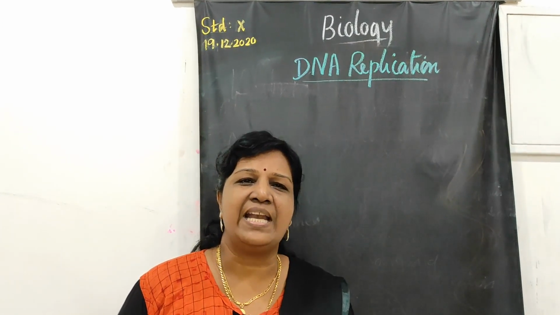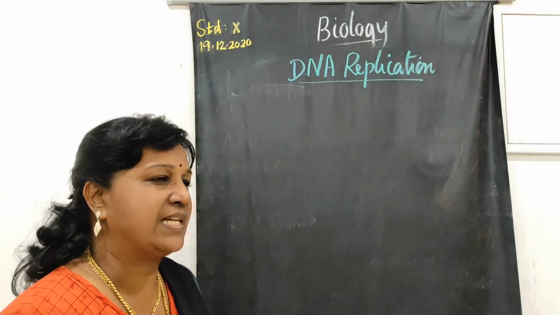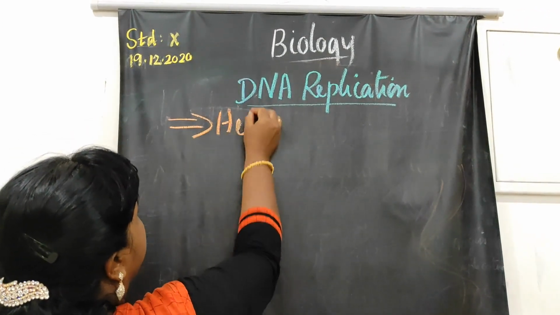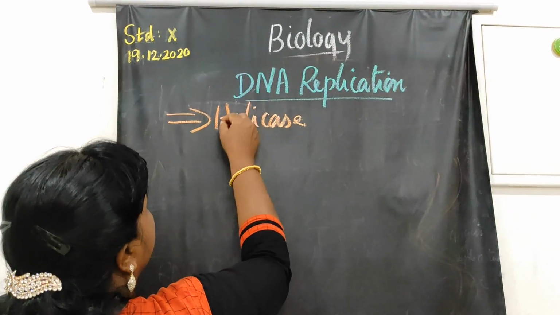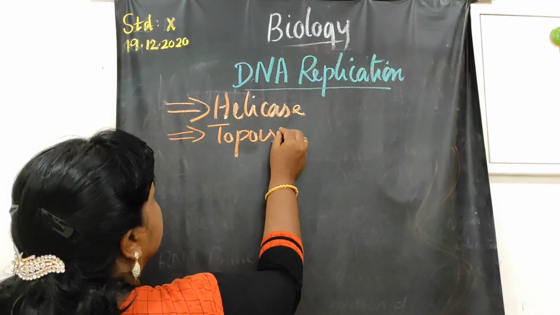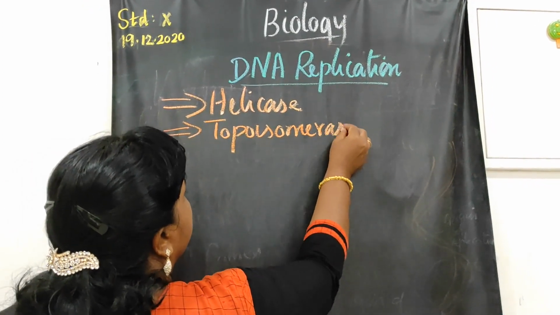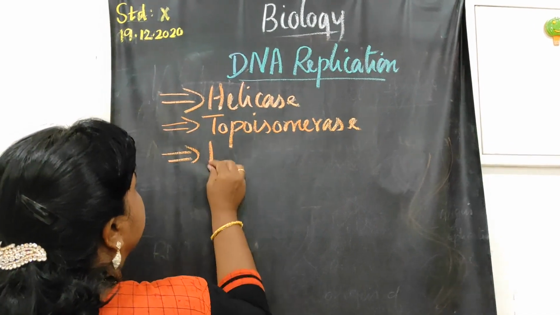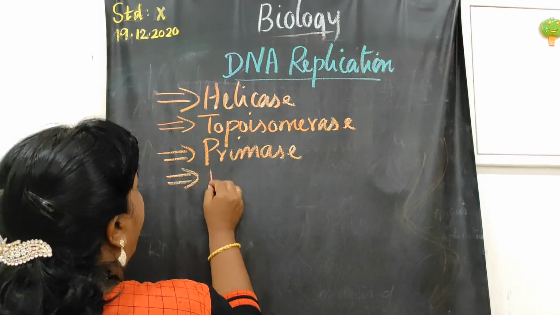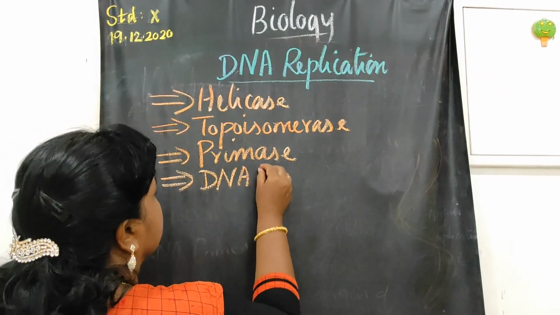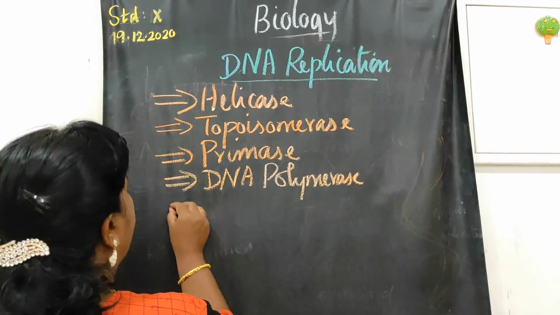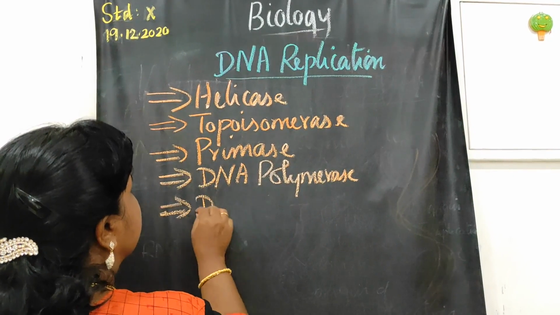In DNA replication, 5 enzymes are involved. They are helicase, topoisomerase, primase, DNA polymerase, and DNA ligase.